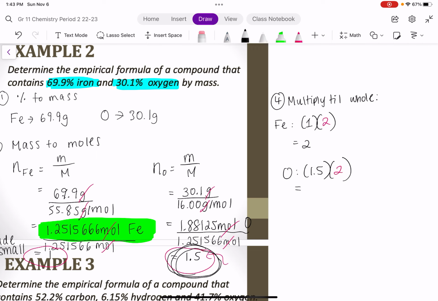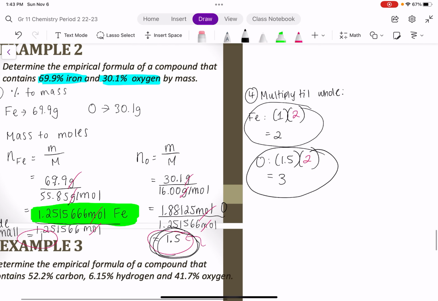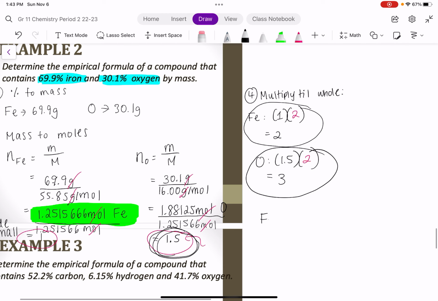And this will give me 3. So what this is saying is for every 2 irons, there are 3 oxygen atoms in my empirical formula of iron oxide. The way you would write that is Fe2O3. So this is the empirical formula.